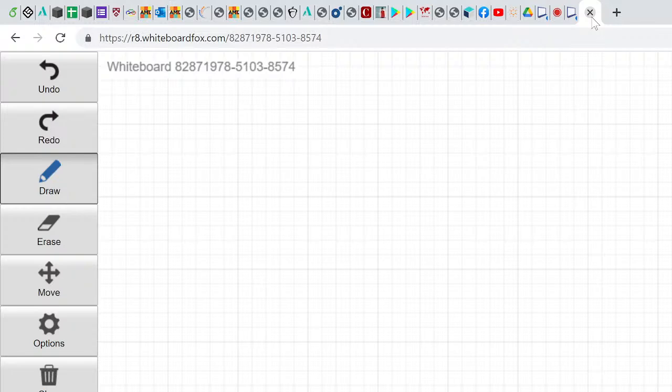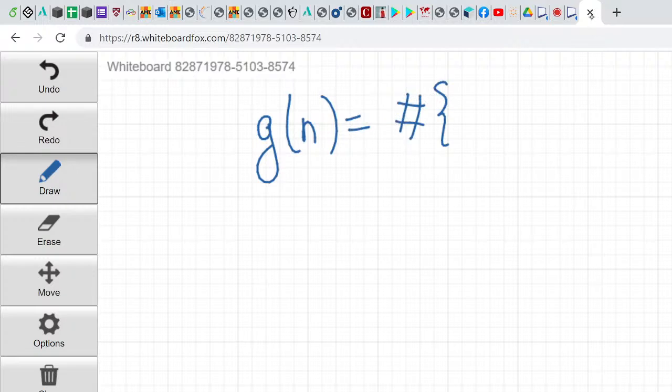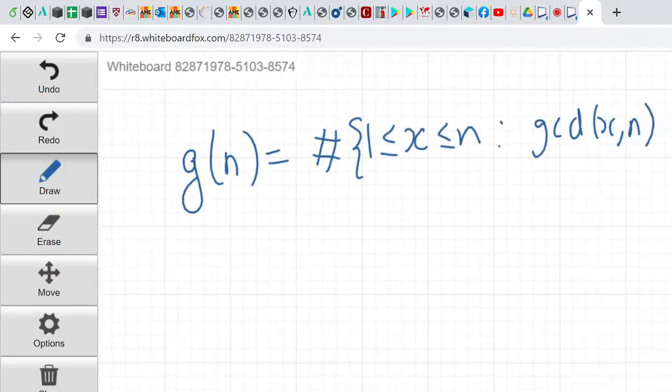The problem is something like this. You have function g, and g of n equals the size of the set of all the integers x between n and 1, such that the GCD of x and n is prime.